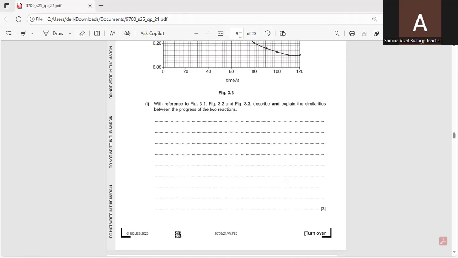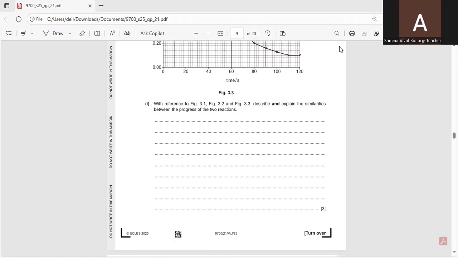Now the question is: with reference to figure 3.1, figure 3.2, and figure 3.3, describe and explain the similarities between the progress of the two reactions. There are many similarities which can be discussed here.